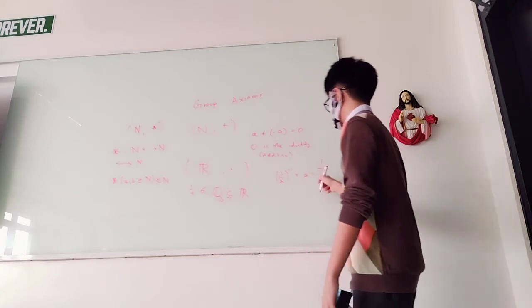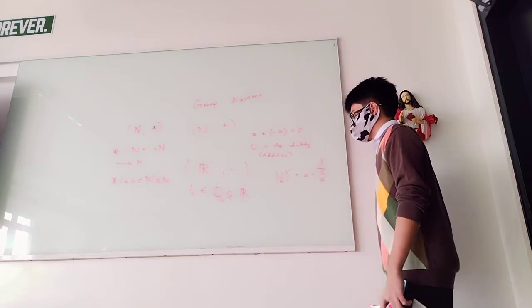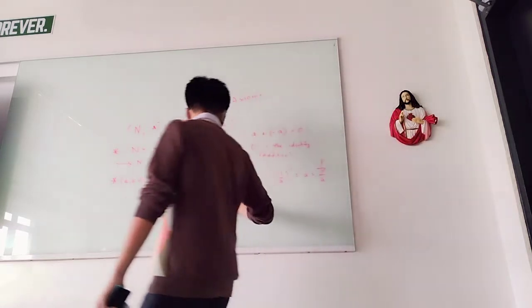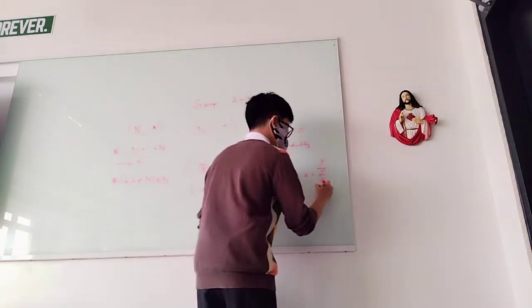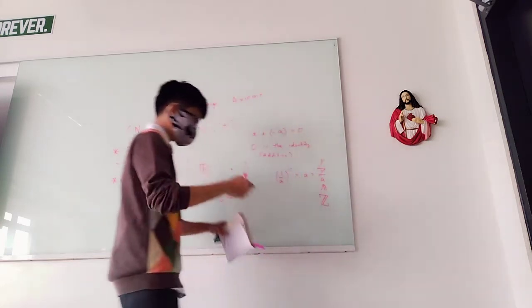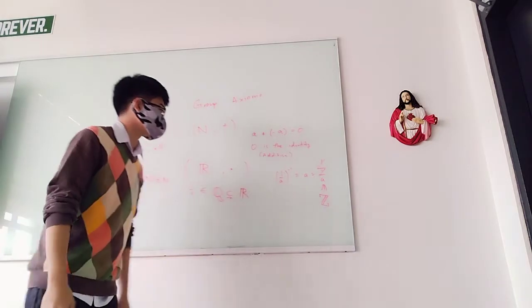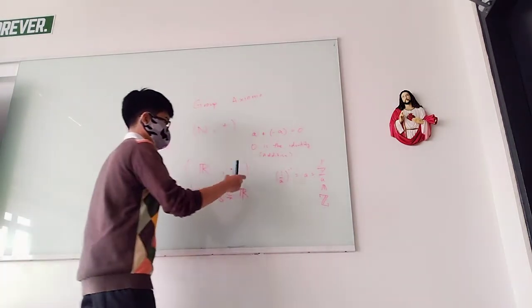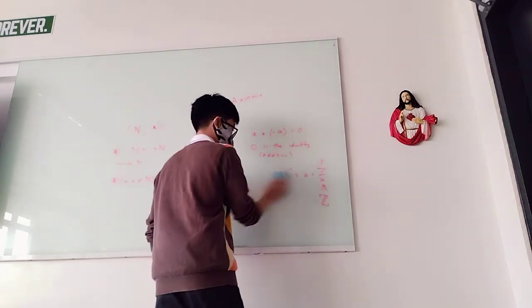You guys need to know that this just cancels out, and then we're just left with a, which is not a part of Q, but rather a part of Z. Which is why it's not closed. Because it doesn't have inverses, it doesn't follow the inverse axiom, one of the group axioms.